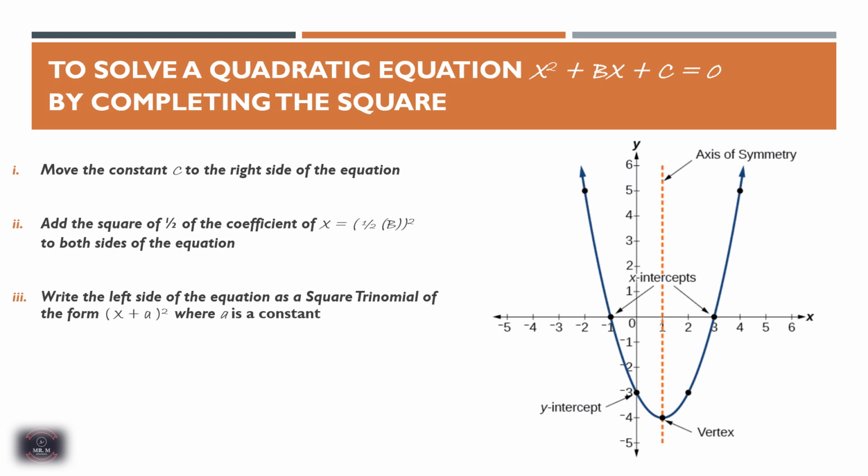A square trinomial has the form x plus a, the whole thing squared, where a is a constant. The fourth step is to calculate the plus or minus square root of both sides of the equation and to solve it.